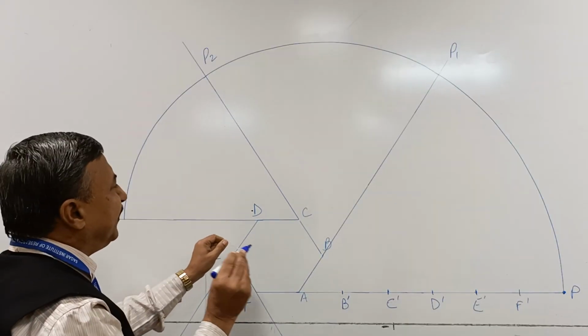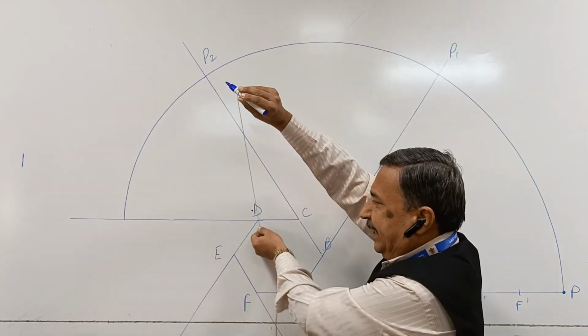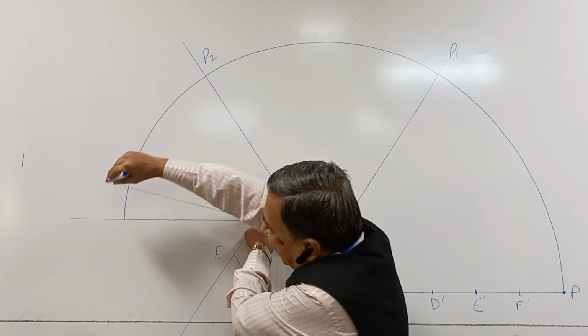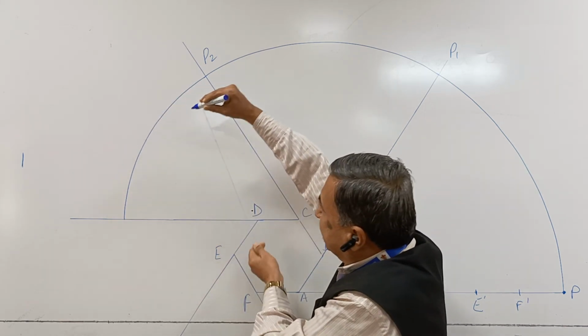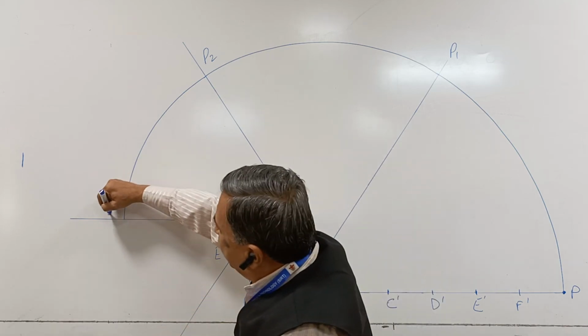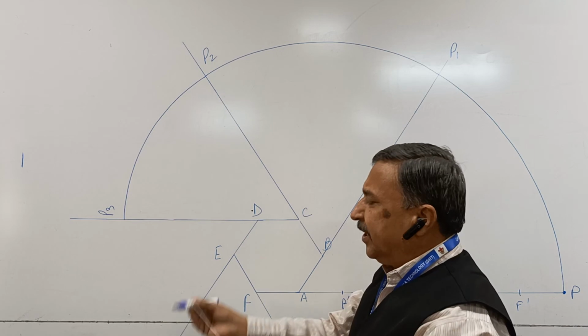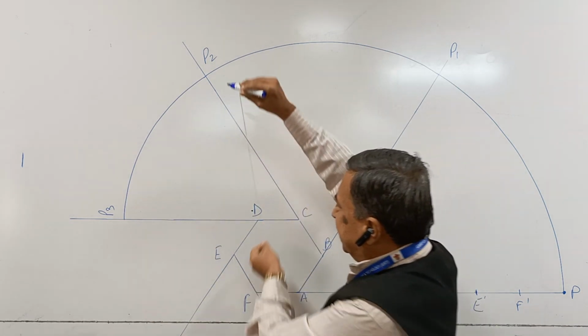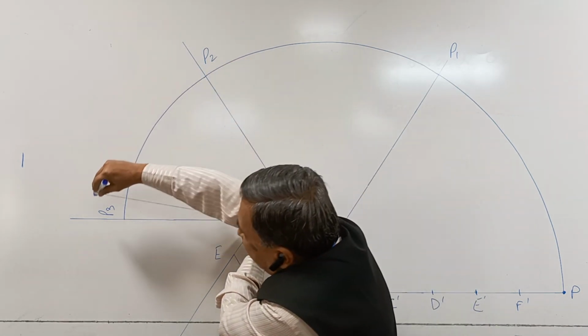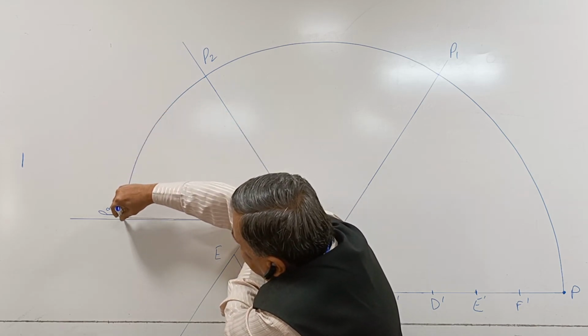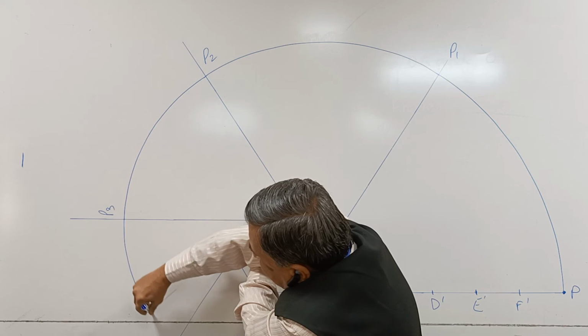Now shift your center to D, and take radius up to P3. Suppose this point is our point P3. Now center D and radius equal to D P3, and construct this arc.